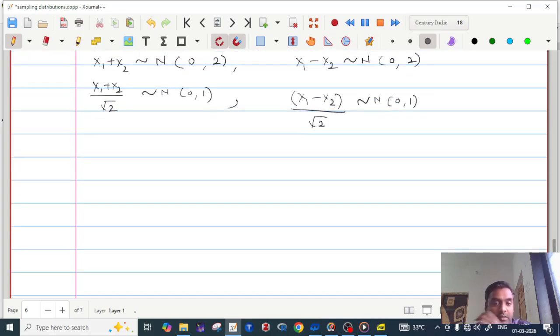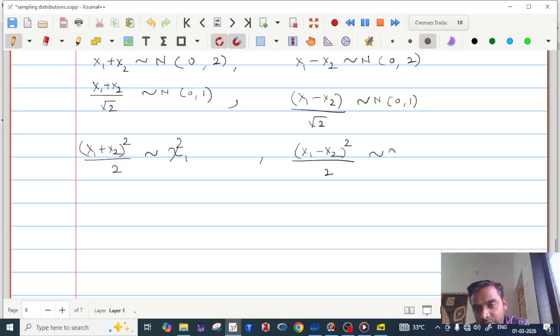And standard normal squared is chi-square. So if you take the square, (x1 plus x2) squared divided by 2 and (x1 minus x2) squared divided by 2 follow chi-square with 1 degree.